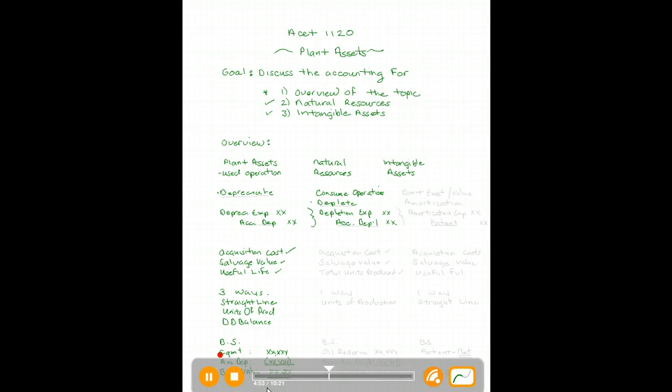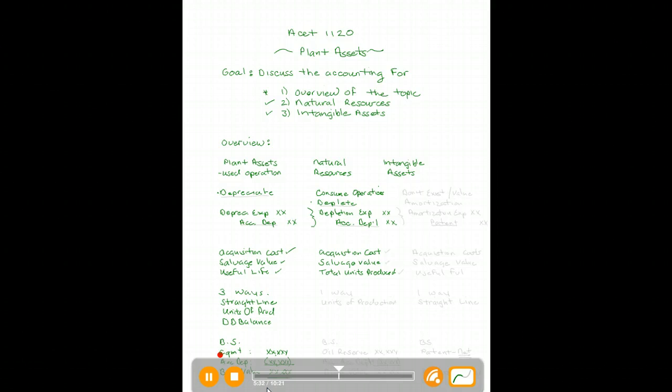Everything we learned about acquisition costs that relate to plant assets relates to natural resources. All costs to get it ready and in place for its intended use are capitalized into the resource account. We take an estimate of what its salvage value will be, if any, and we also need to know, in this case, how many total units or total gallons or total whatever will be produced through consuming the asset.